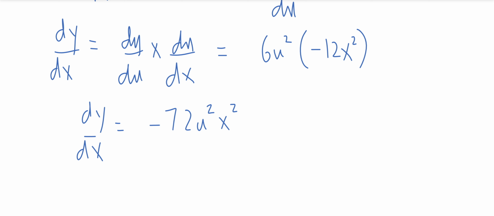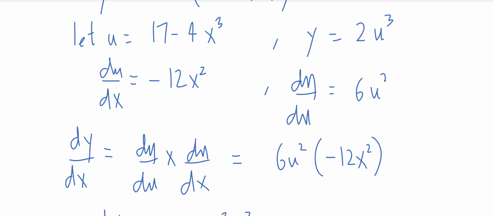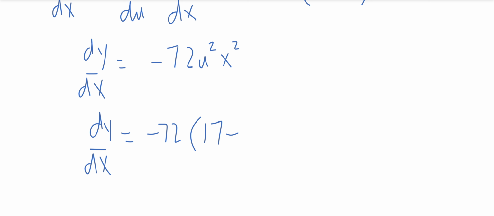But now we need this all in terms of x, so we look back and see what u was, and u is 17 minus 4x cubed. So dy by dx equals minus 72, and then (17 minus 4x cubed), which is u squared, x squared.